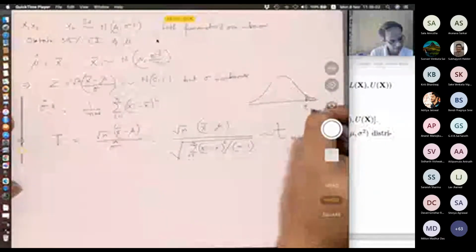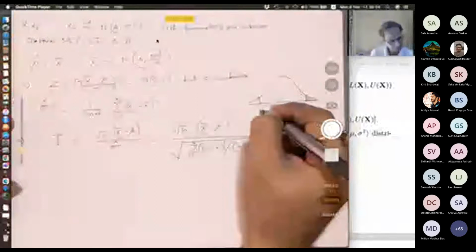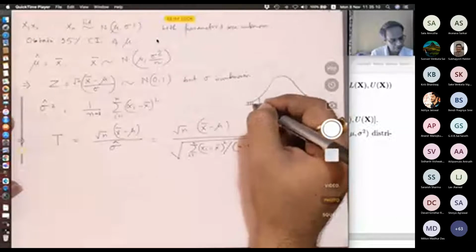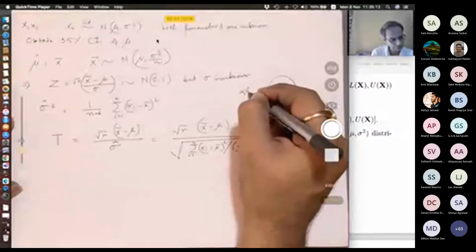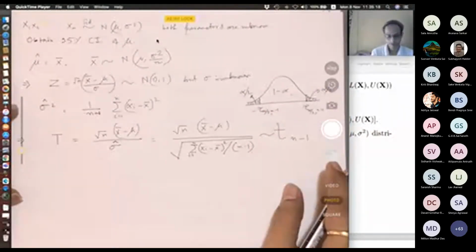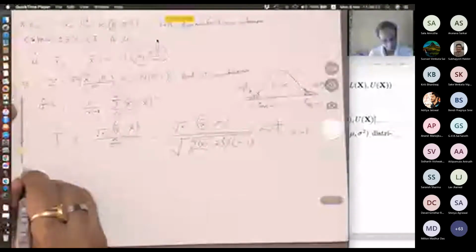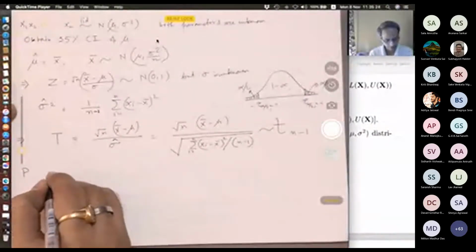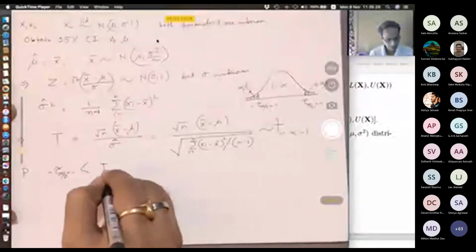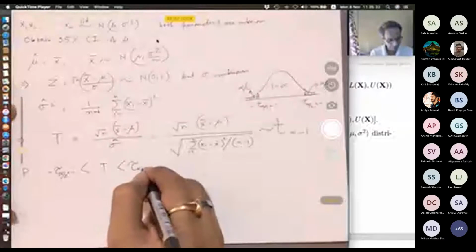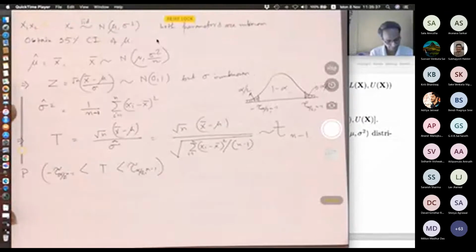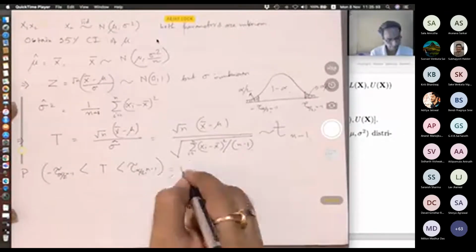This is t alpha by 2, n-1. This is also t alpha by 2, n-1 with negative sign. This region is alpha by 2. This region is alpha by 2. This area is 1 minus alpha. So you can write probability of minus t alpha by 2, n-1 less than t less than t alpha by 2, n-1, this is 1 minus alpha.